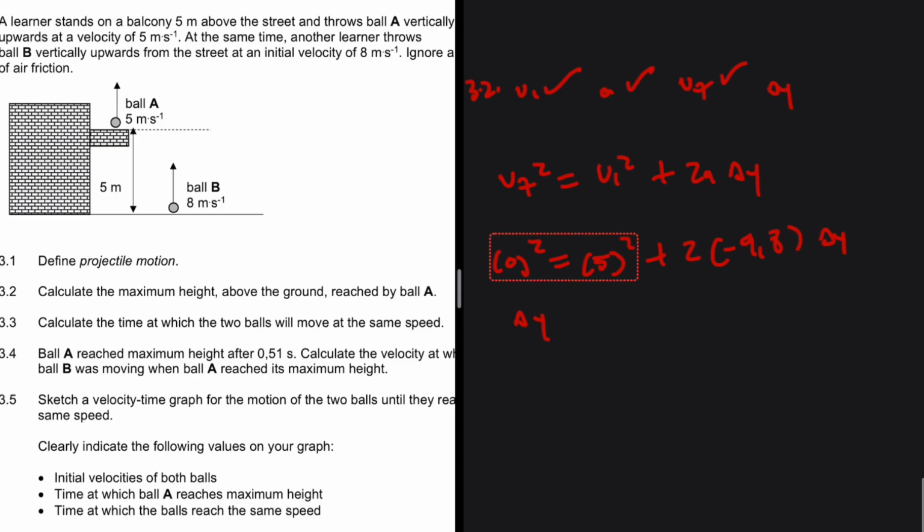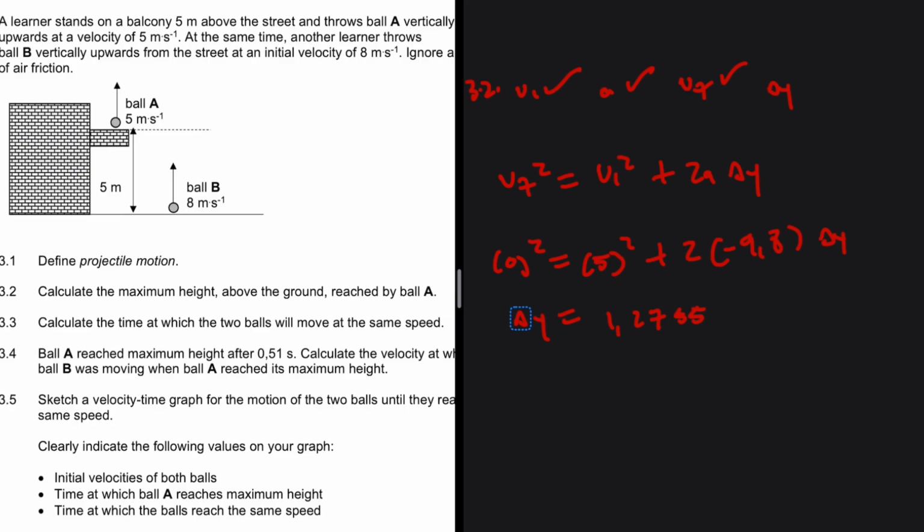Because this is physics and not mathematics, I'm just going to substitute and find delta Y in one step without wasting any time. So 5 squared divided by 19.6 is 1.2755. So that is my delta Y.